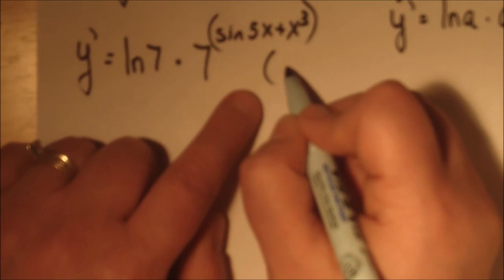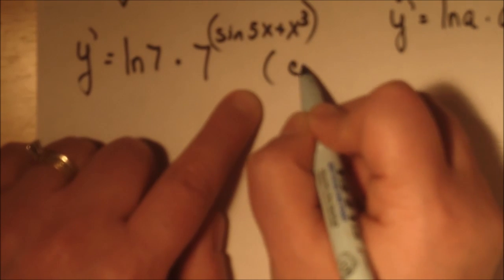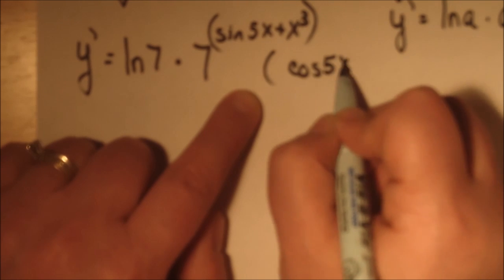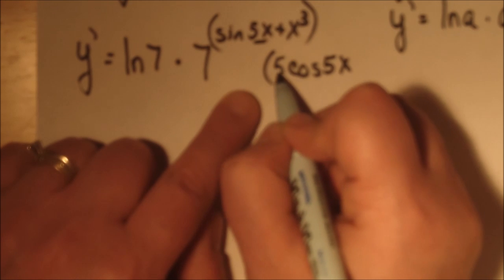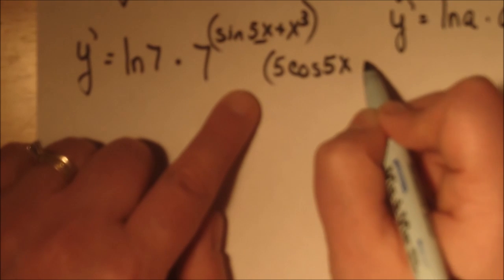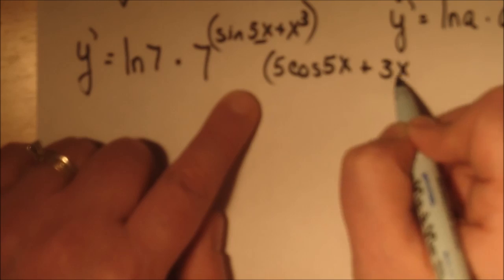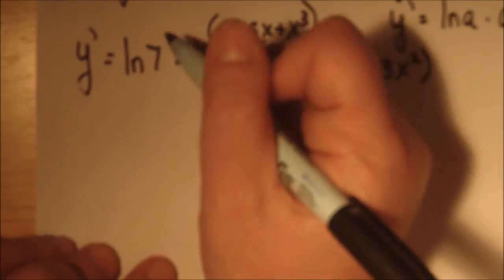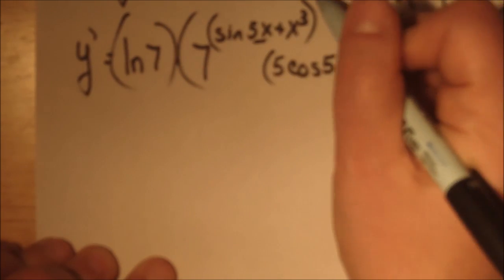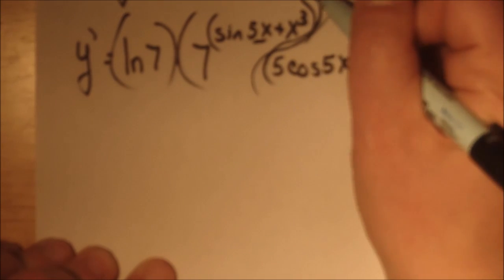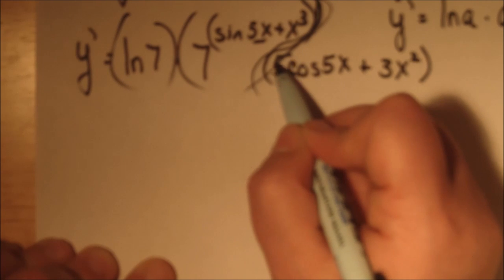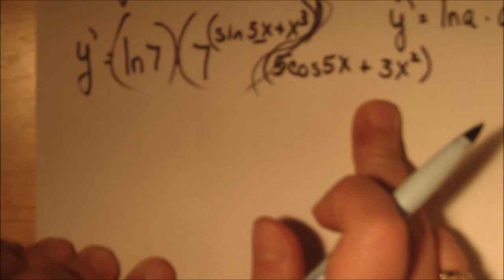That would be cosine of 5x, but we have to do the derivative of the inner function. So that would be 5 cosine 5x plus 3x squared. And I'll put this all in a big parenthesis, so that it's clear that I have a product here.